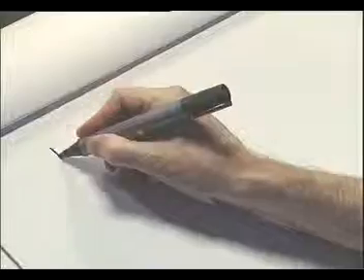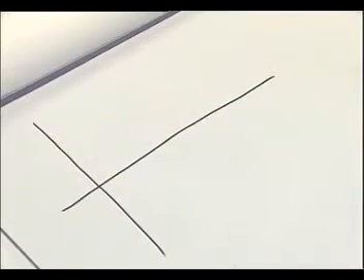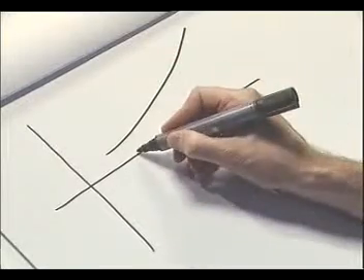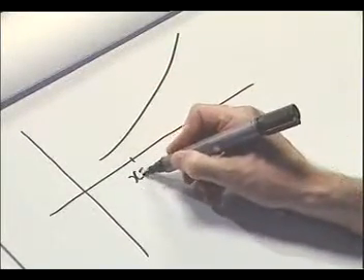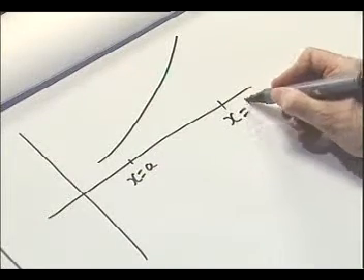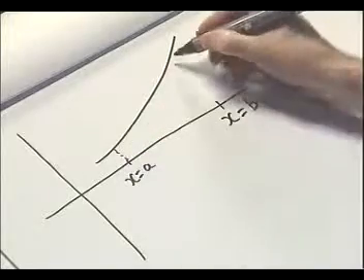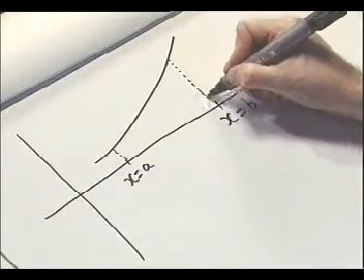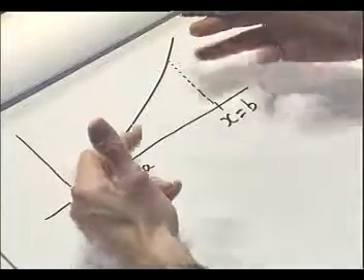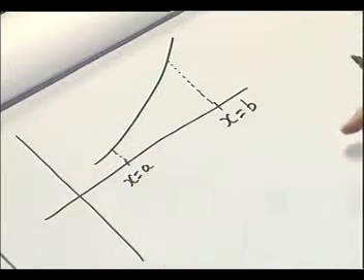So let's start off with more or less the same diagram that I began with before. Section of the curve, we'll identify two points on the x-axis, x equals a, x equals b. We'll draw in the ordinates, and we'll say we're going to rotate this piece of curve between these two limits through 360 degrees.